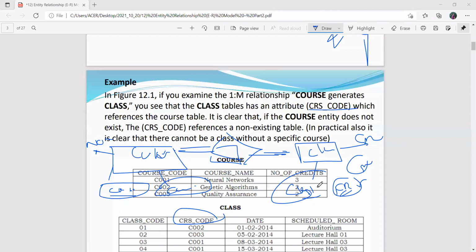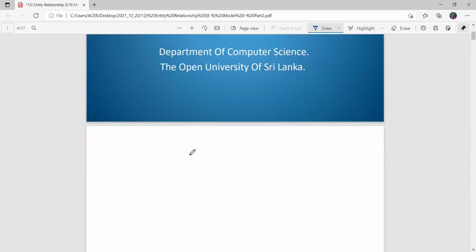And you can see this class, that is course code, is used to form the primary key of this class. This and this, the combination of these two attributes. So the second point is also clear now.